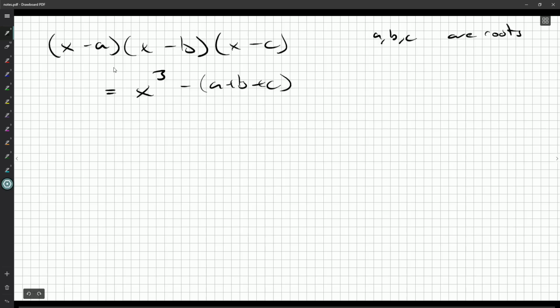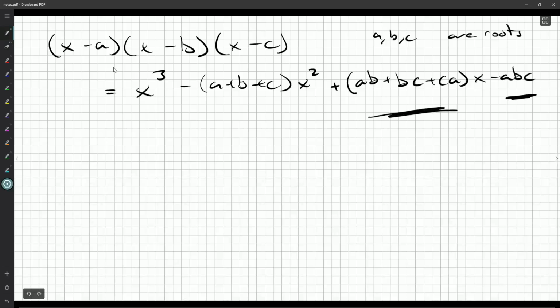Ordinarily, I'd probably use P, Q, R, but they gave us an A, so it seems natural to go A, B, C. It'll be plus AB, so we get these nice, so-called symmetric expressions, minus ABC. So these nice relationships between the various roots. And you can see that exactly one of them involves multiplying all three of them together, another one involves multiplying pairs together, and another one involves them just being singled by themselves.